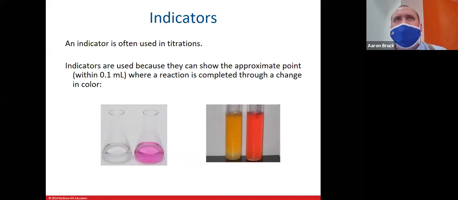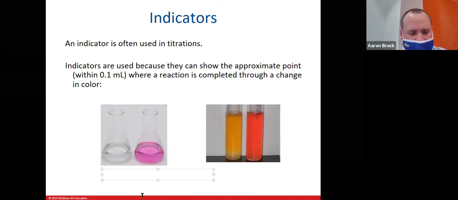We might be talking about the difference between measuring 0.890 and 0.891 molar as the concentration. Not too big of a deal. So the indicator on the left here, you know this one well. This is the phenolphthalein.